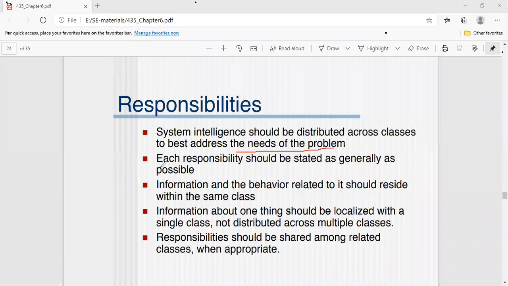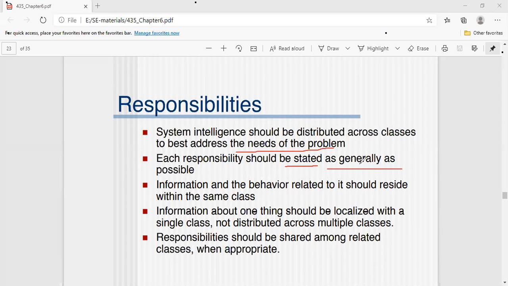If you see the second point, each responsibility should be stated as generally as possible. How is this responsibility stated, how are we going to write this responsibility action? As simple as possible, as general as possible. Right?